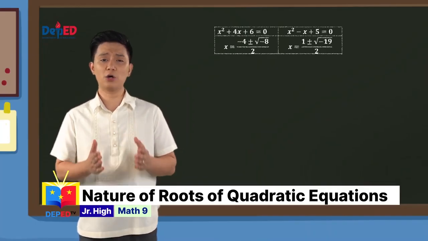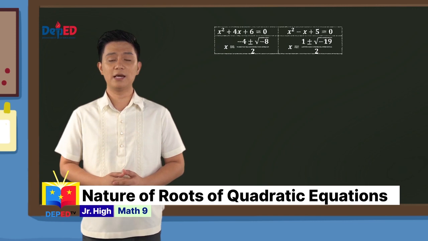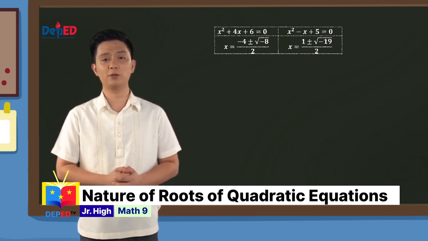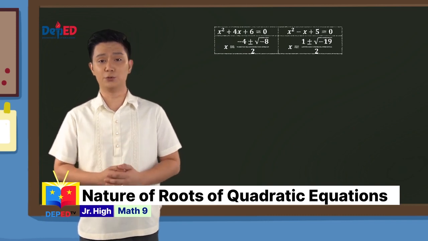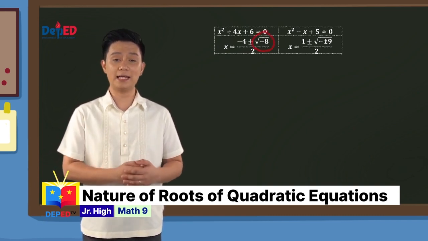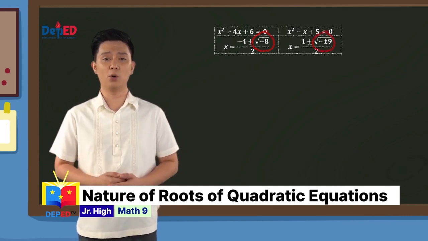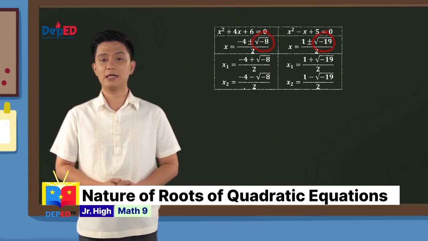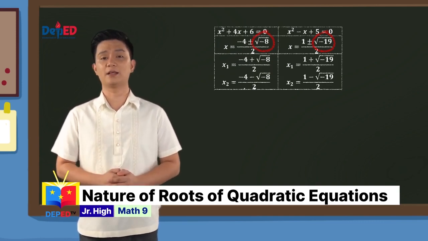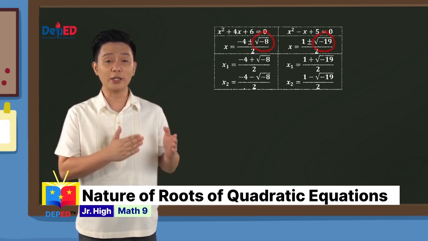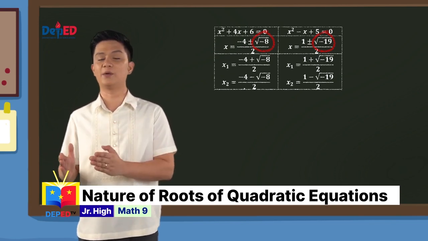Now, let's look back on the type of discriminant that we can associate with the kind of quadratic equations in the fourth pair, and what nature of roots corresponds to such discriminant. Negative 8 and negative 19 are both negative or less than 0. Notice that when the discriminant is negative or less than 0, it will result in roots that are not equal and are imaginary.